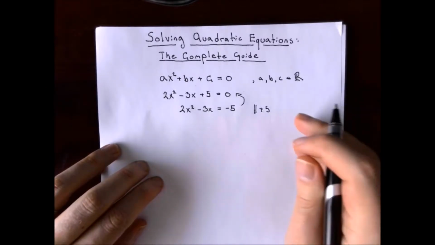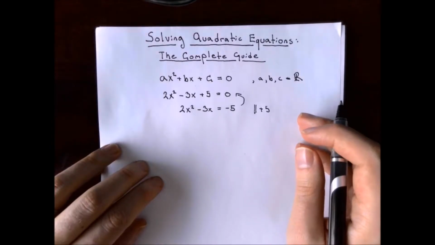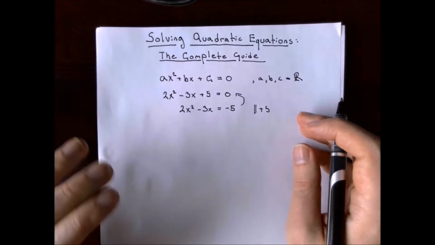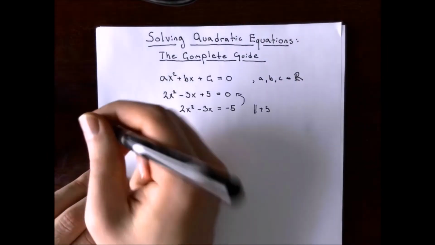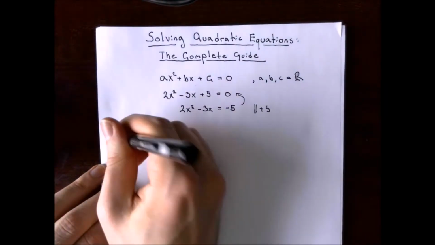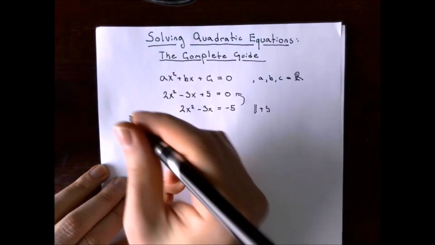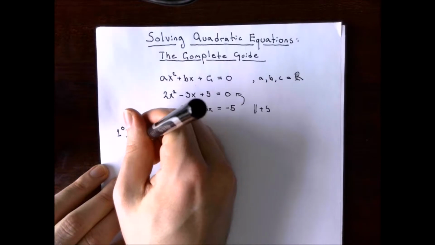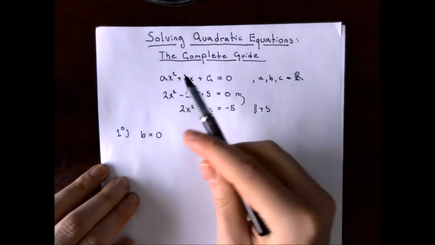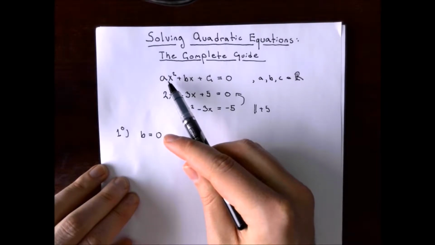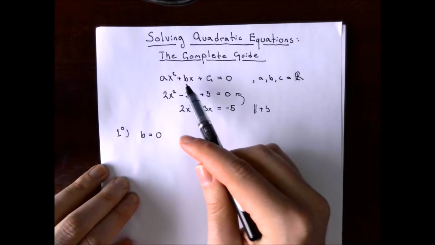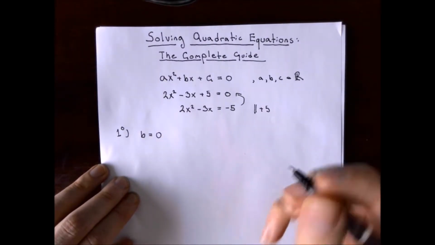Now there are 3 cases of quadratic equations. Your method of solution depends on which case we're looking at. The first case is that b is equal to 0. So what it means, we have a term with x squared and a constant, but no term with just x.